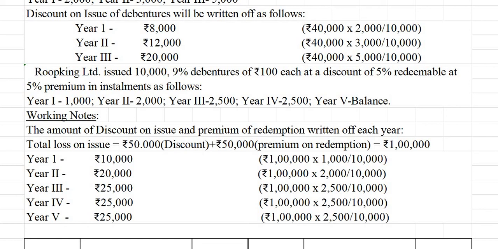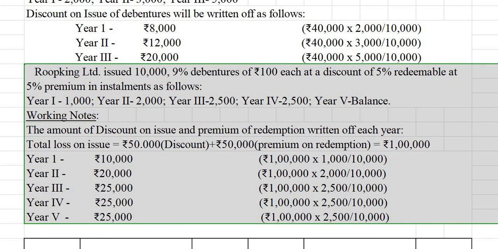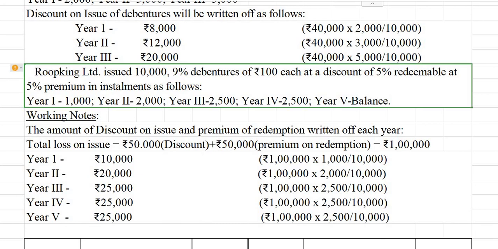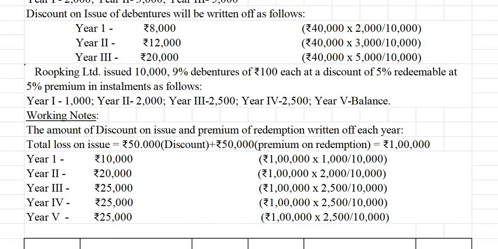So 1 lakh into 1,000 divided by 10,000. How much will you get? It's the 1/10th portion, that is 10,000. Second year, the debentures redeemed are 2,000. So 1 lakh into 2,000 divided by 10,000. So 20,000 will be written off in the second year.